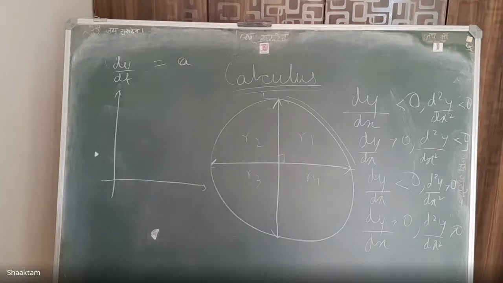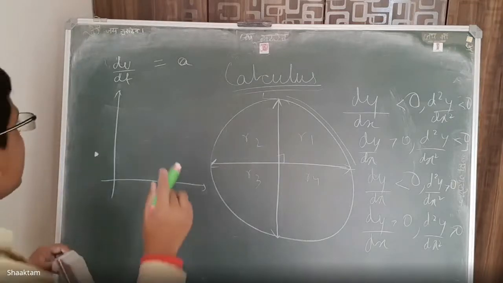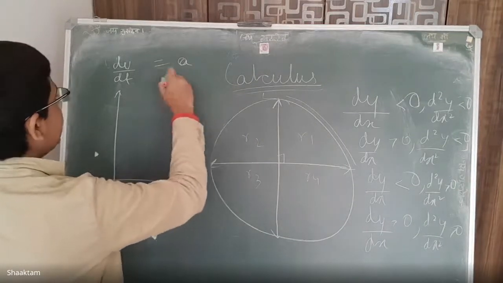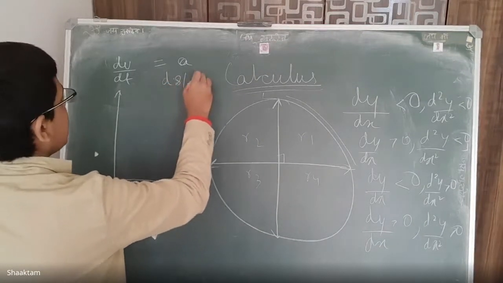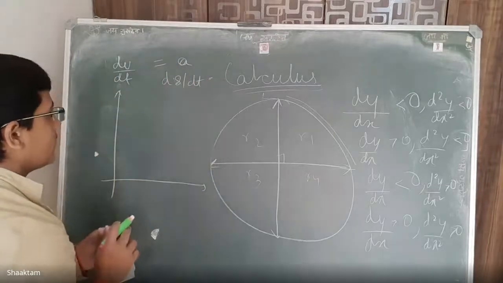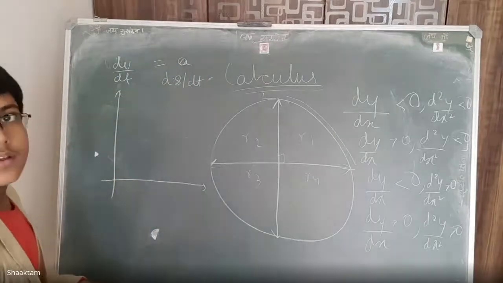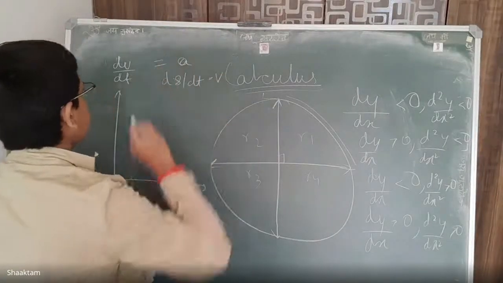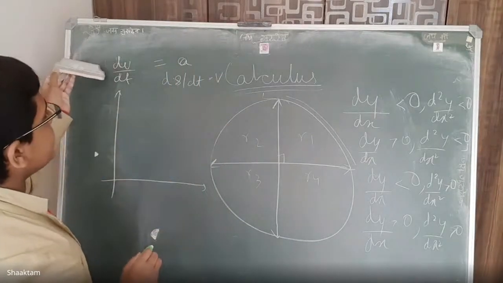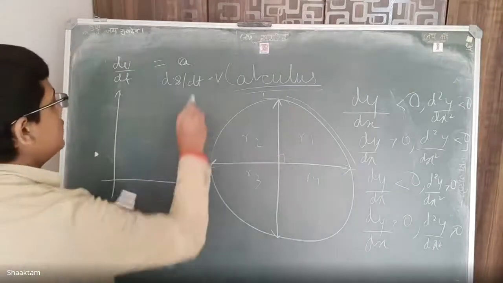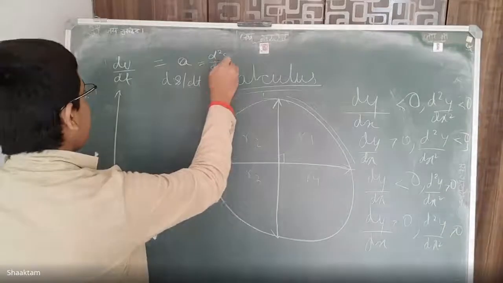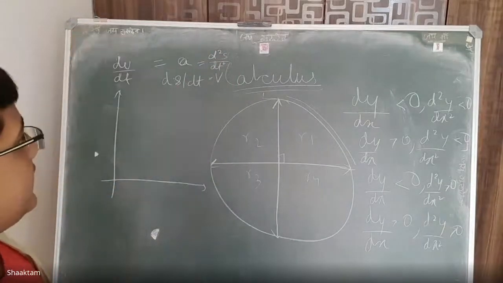And you also should know that ds by dt, where s is the displacement, is equal to v. So basically, from here you can deduce that a is also d2s by dt square. Why? Because it's d by dt of ds by dt.